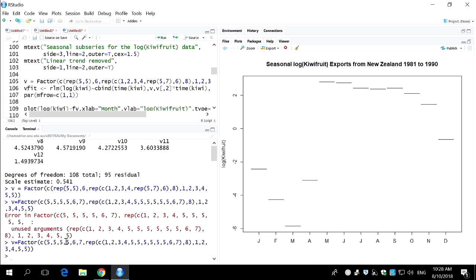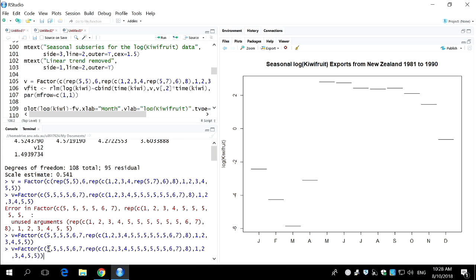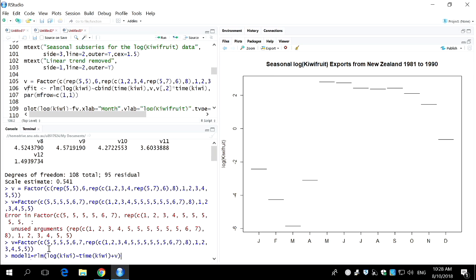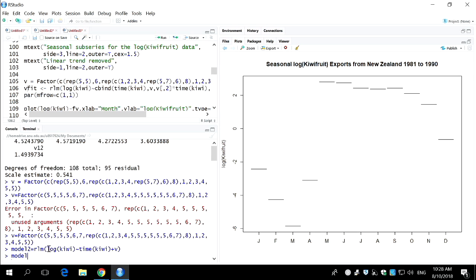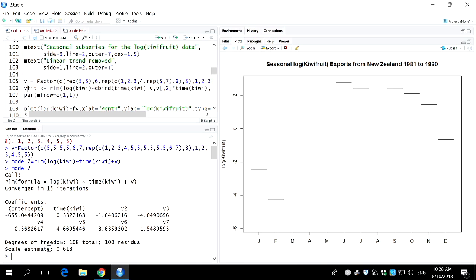I know this is a little bit complicated, but I just wanted to show you an alternative for these different approaches. So there's my new factor, and now I can go ahead and fit the model. I'll call it Model 2. If I look at Model 2, it's much smaller. Instead of having 12 things, I've got 7.